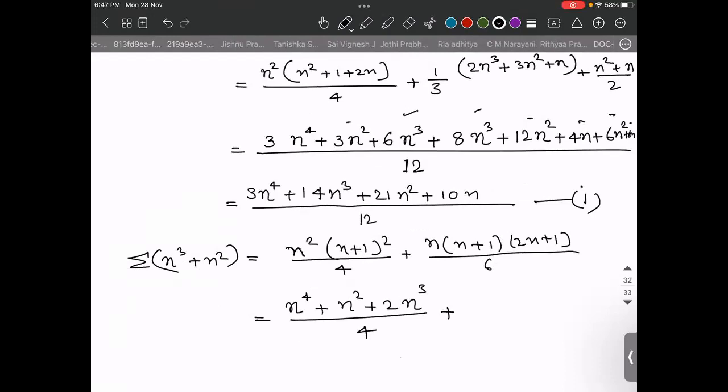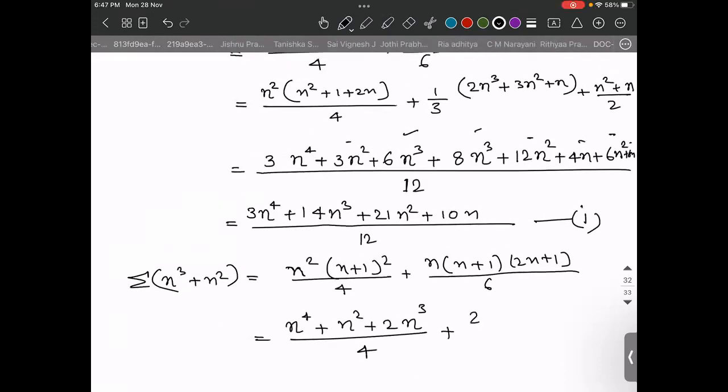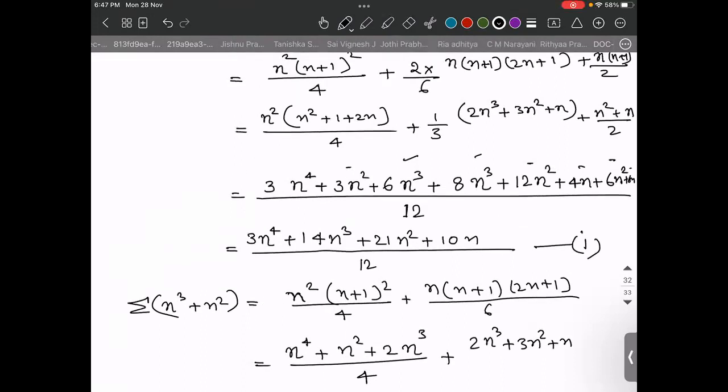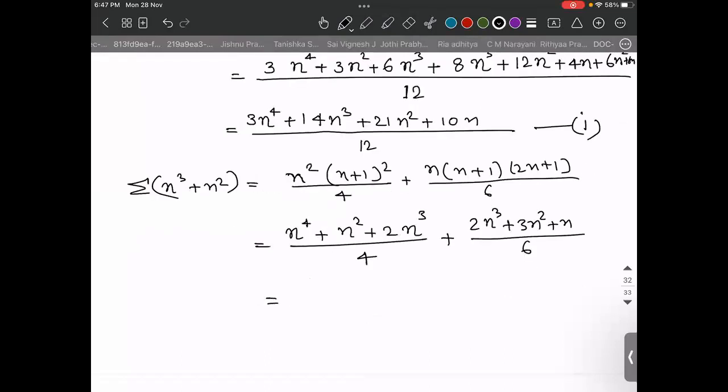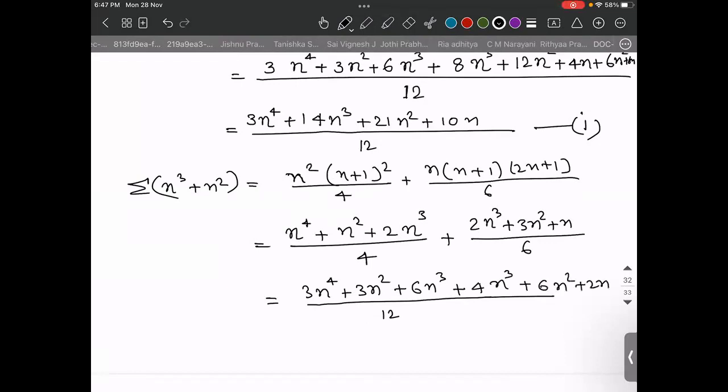If you multiply, what you get? 2n cube plus 3n square plus n, right, upon 6. 6 and 4 LCM is how much? 12 maybe. 3n to the power of 4 plus 3n square plus 6n cube plus 4n cube plus 6n square plus 2n.